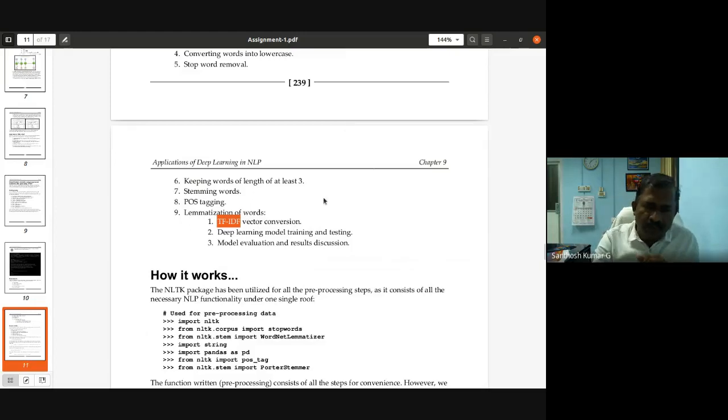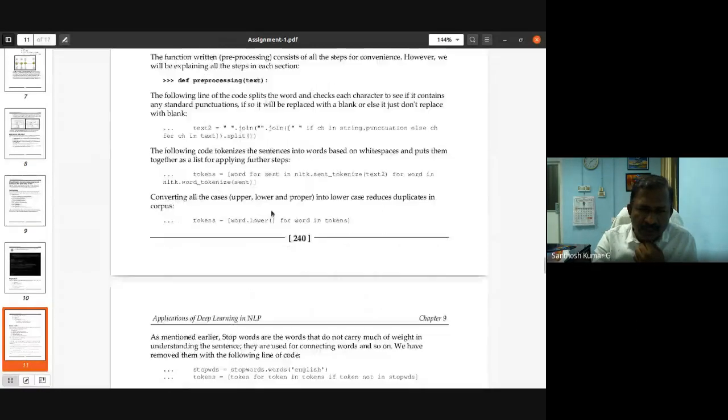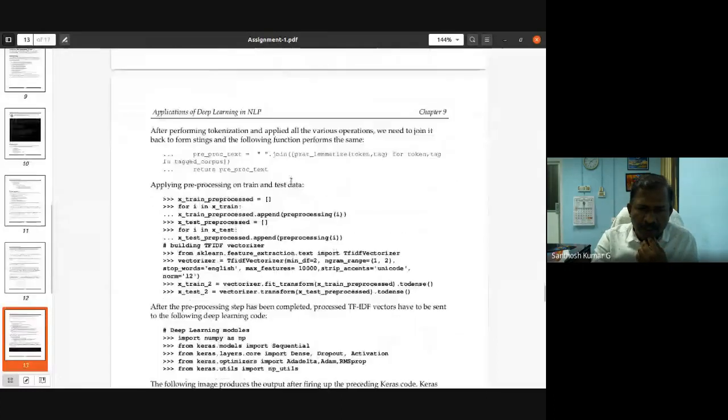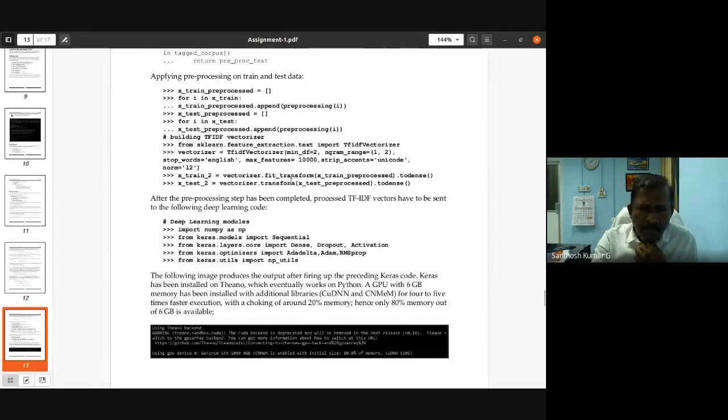And based on that, you have to train the network and test the network, then evaluate the results, right? So you can refer to this. You can do all the pre-processing using NLTK. So that is available. Everything is explained here. You can just try it in Colab. And they have used Keras, but I advise PyTorch. You can use PyTorch for doing that.